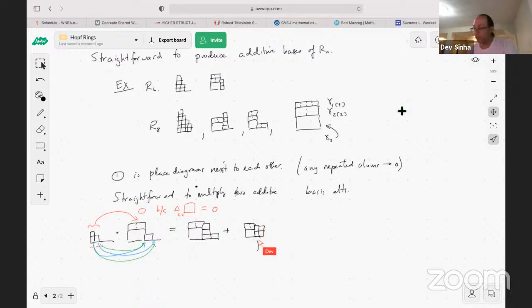But this has repeated columns. So again, by the divided powers structure on the transfer product, that's 0.